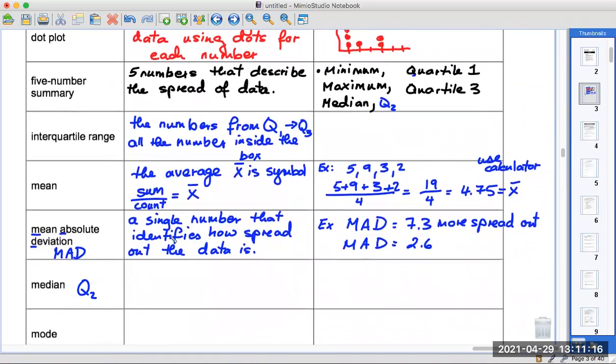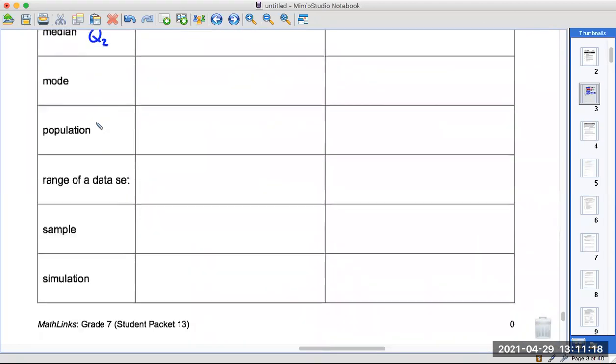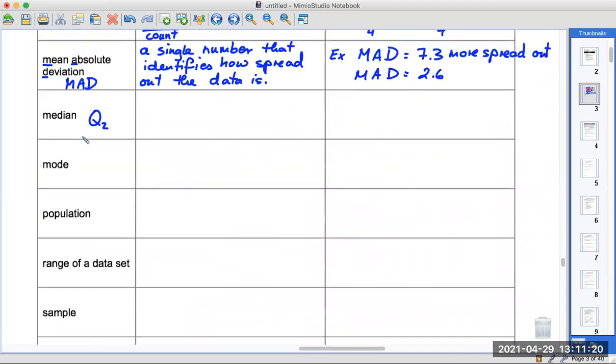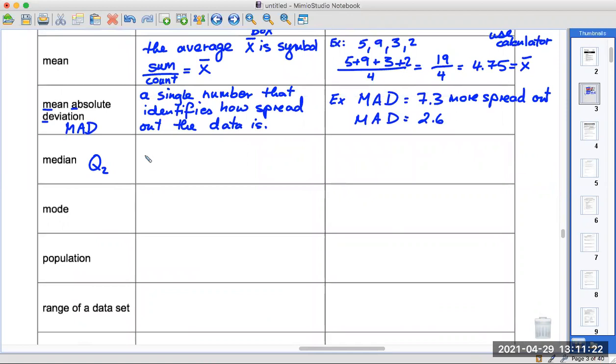So the median is the middle number. If you put them in order, the middle number. I'm going to use a different color. If you use a different color, that's good too. The middle number in the data, so you have to put them in order and line them up.